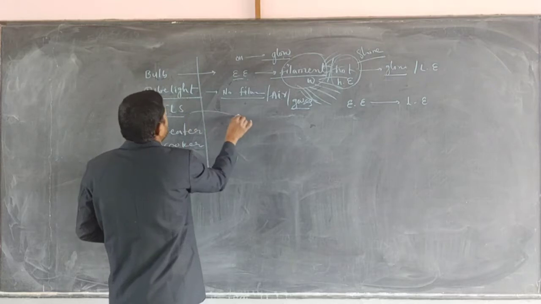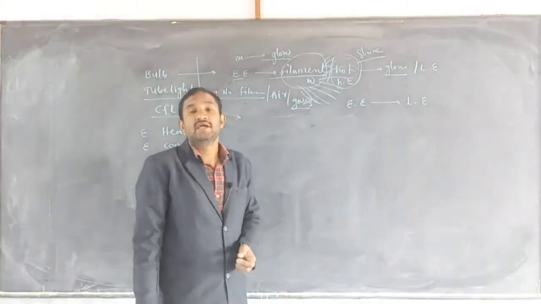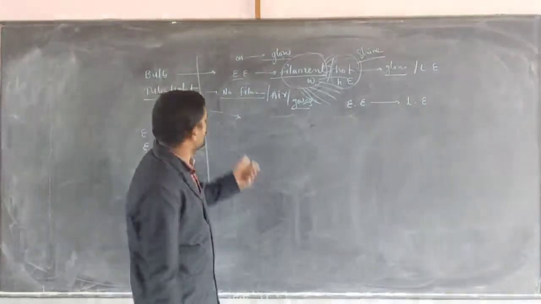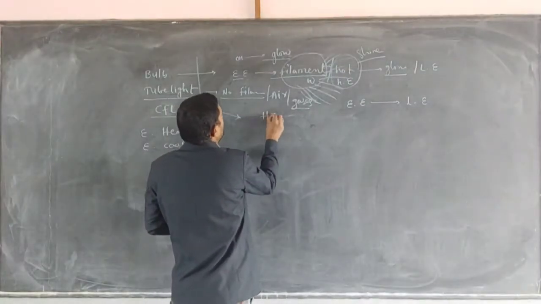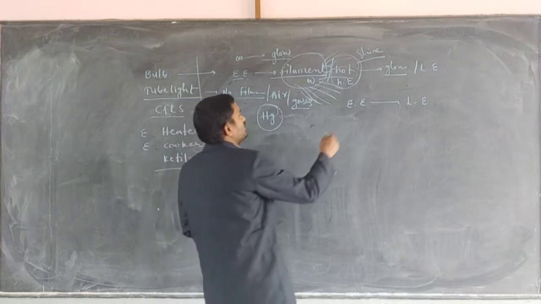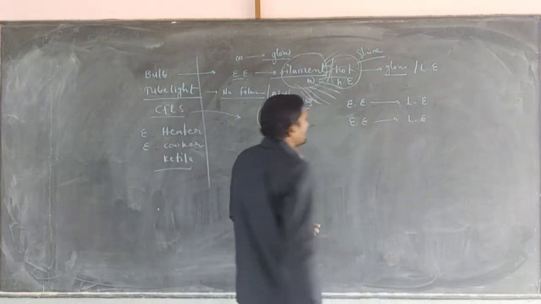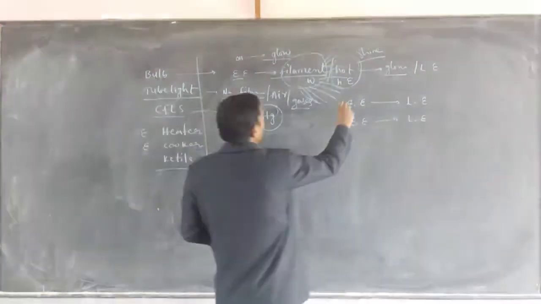Again, CFL bulbs, compact fluorescent bulbs, are used to reduce the utilization of electric current. These are filled with mercury. Here also electrical energy is converting into light energy. We have to keep that in mind.